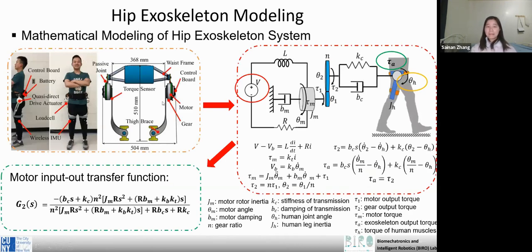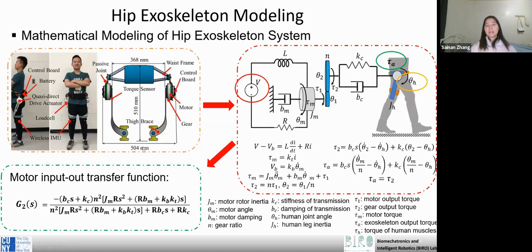First, we have a DC motor and get the electromechanical system, and get the equations relations based on physical and electrical systems, and get the input output transfer function.